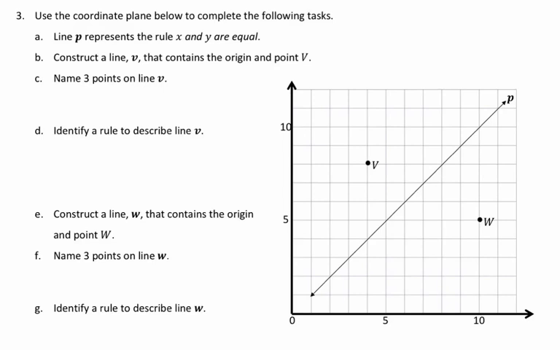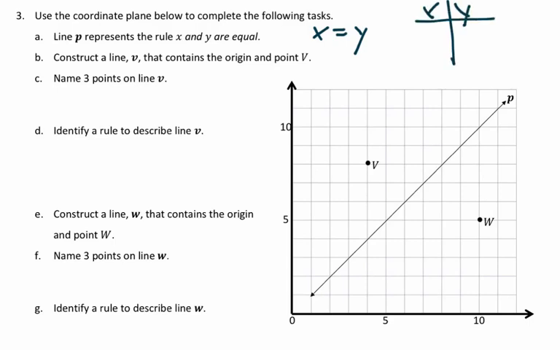So it says use the coordinate plane below to complete the following tasks. So A says line P represents the rule X and Y are equal. So what that means, let's start with that. That means if X and Y are equal, X is equal to Y. And if we're trying to find the line for that, we can do a chart, but it's very simple.